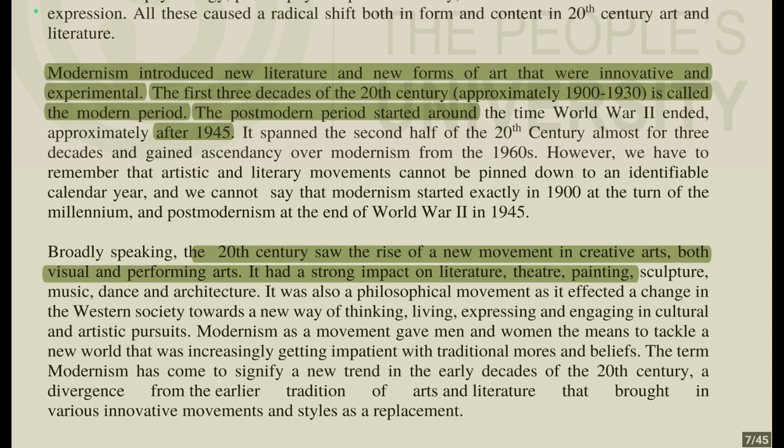So it spanned from 1950 to 1980s. However, we have to remember that artistic and literary movements cannot be pinned down to an identifiable calendar year, and we cannot say that modernism started exactly in 1900 at the turn of the millennium and postmodern at the end of World War II in 1945.